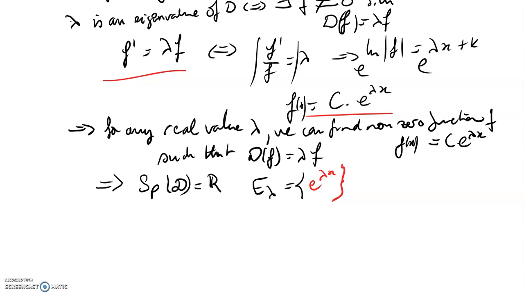All the real lambda will have a corresponding eigenspace. Okay, that was, I think, a very nice example. That has quite a few implications, actually, in terms of Fourier transform and things like this that you can see next year. But you see, it means that we will actually be able to make some kind of basis out of those functions. We will be able to make some kind of infinite dimensional basis for functions. That's quite a nice result.